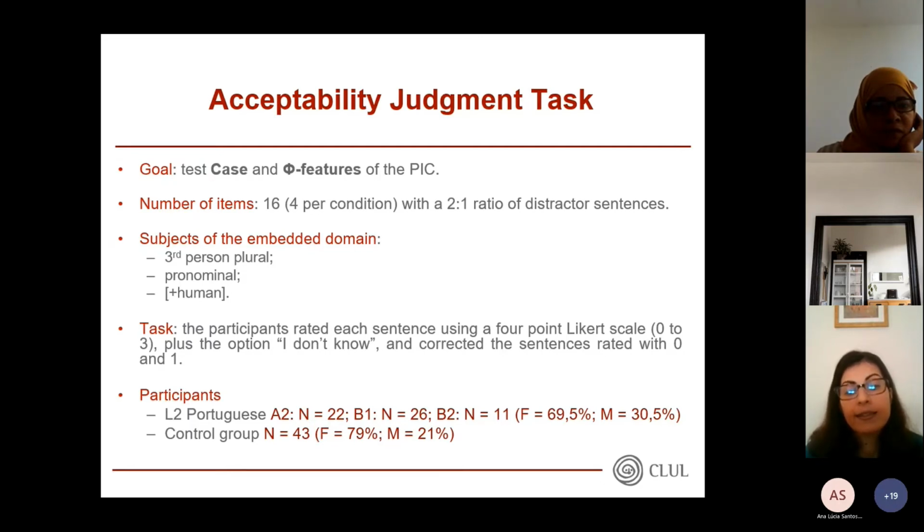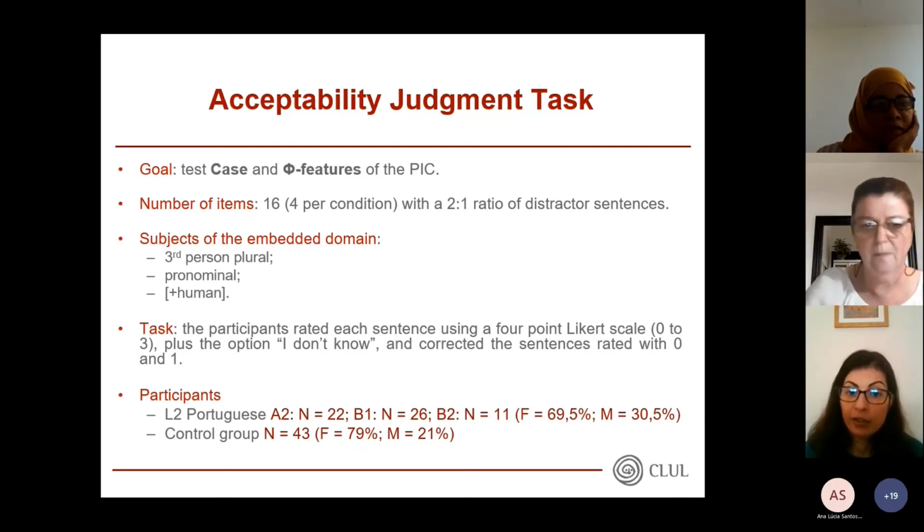In this test, the participants were asked to rate a set of sentences using a 4-point Likert scale, 0 to 3, and they also had the option, I don't know. They were also asked to correct the sentences that they rated with 0 or 1, that is, the sentences that they found impossible in Portuguese.